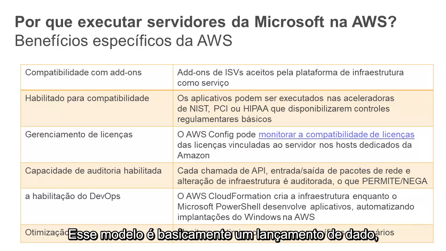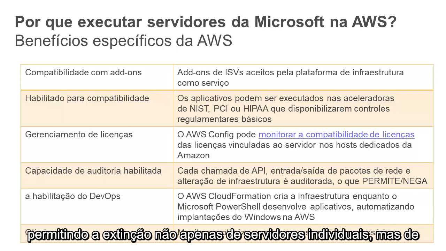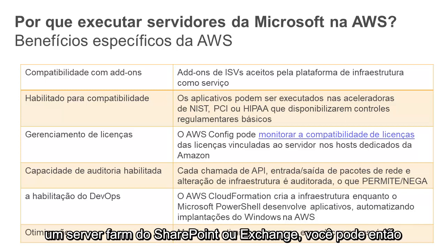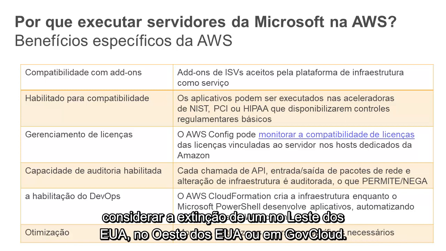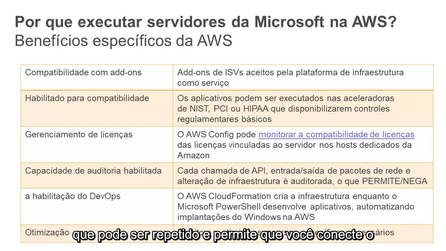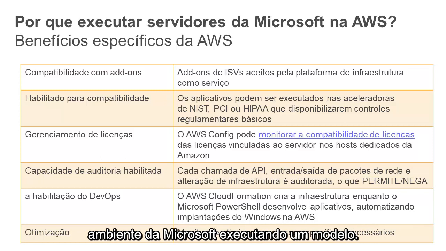And that template is basically a cast die, allowing you to stamp out not only individual servers, but entire server farms, where you can say, if I've configured a server farm for SharePoint or Exchange, I can just stamp one out in US East, in US West, in GovCloud, and CloudFormation allows you to have infrastructure as code that's repeatable and allows you to stand up the Microsoft environment essentially by running a template.